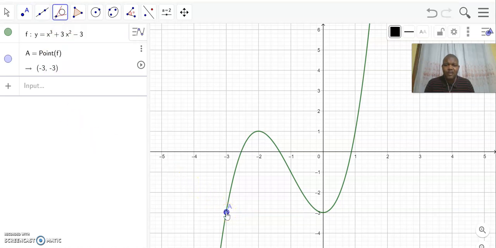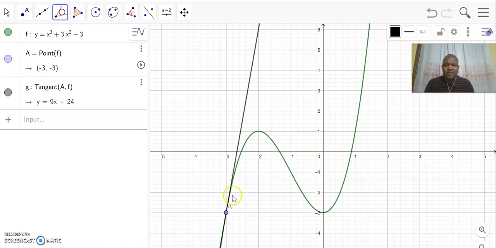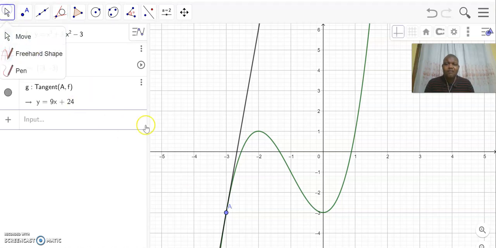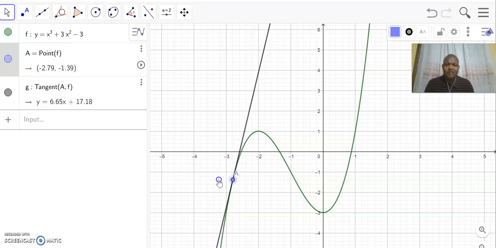So I'm bringing a tangent at point A. So we are going to use the discovery method to find out what happens when this tangent moves round the curve.